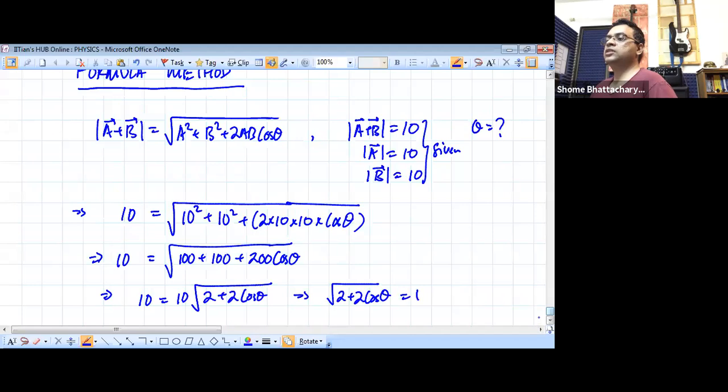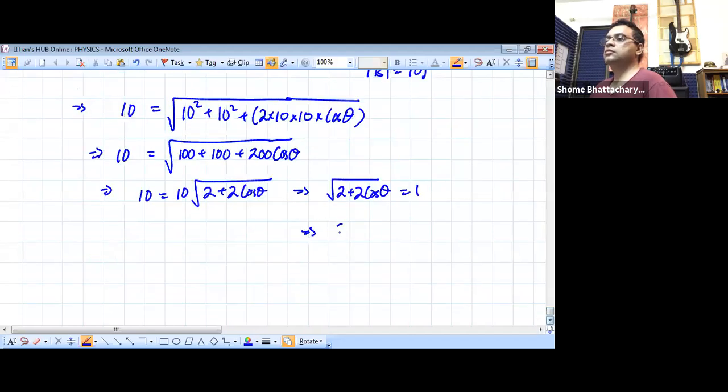So you can square both the sides. That means cos theta is minus 1.